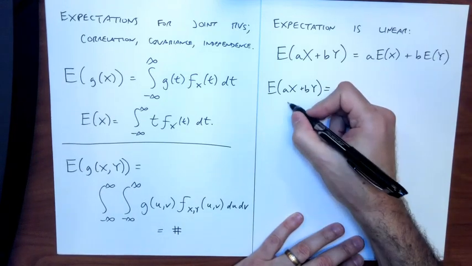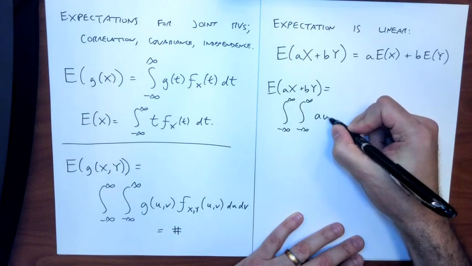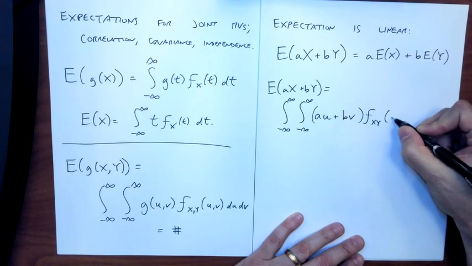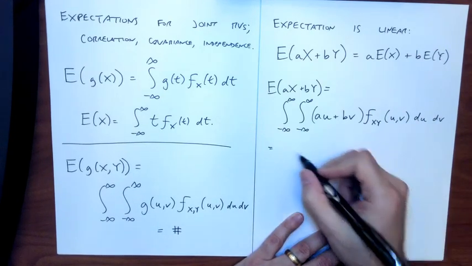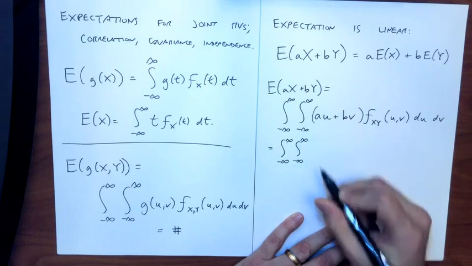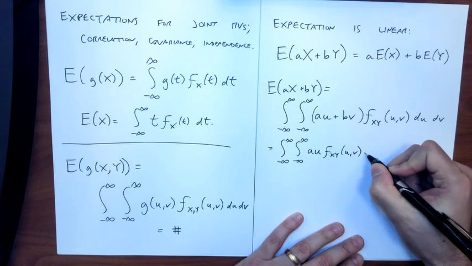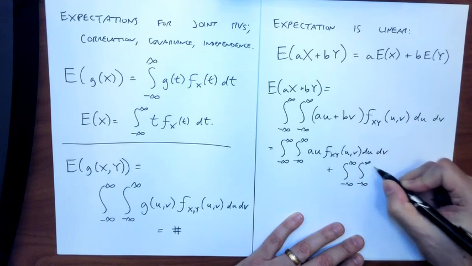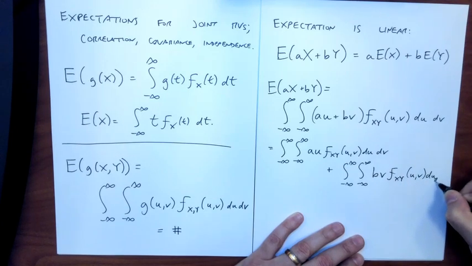This would be like saying, okay, I'm going to integrate this function, which is going to be like au plus bv times this PDF, and I can see that I could take that apart into just the part that depends on au, du dv, plus the part that depends on v, bv, like this, du dv.